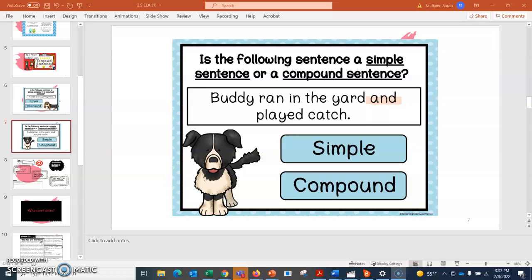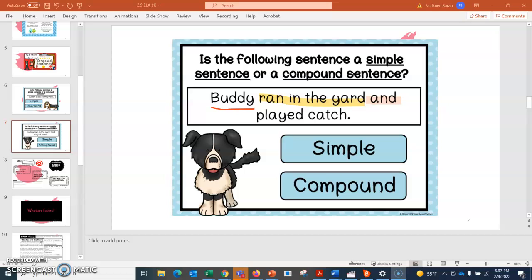First, I see Buddy ran in the yard. I'm assuming this is Buddy. So that would be my subject. What did Buddy do? Buddy ran in the yard. Okay, so I have one subject. I have one predicate so far.